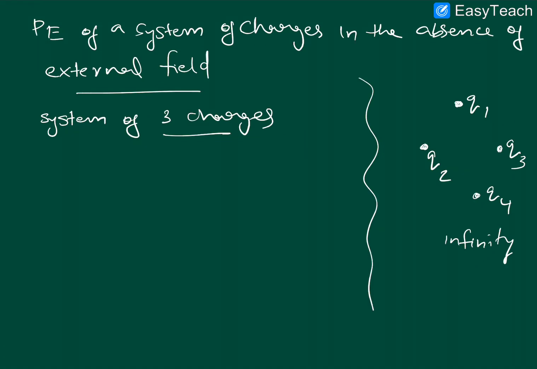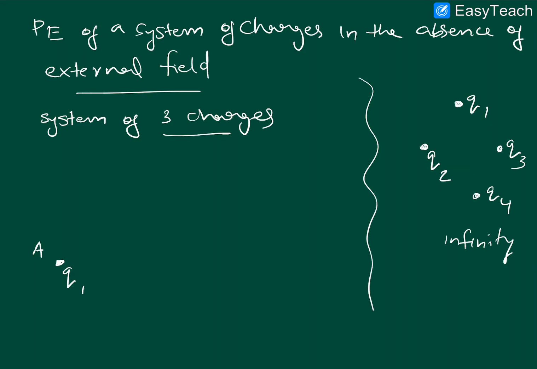So I am moving q1 from infinity to this point, let it be A. In this process I don't need to do any work. Why? Because there is no external field. That means there is no repulsive force exerted by any agency at this region. So there won't be any repulsive force acting on q1 if you move q1 from infinity to this point.